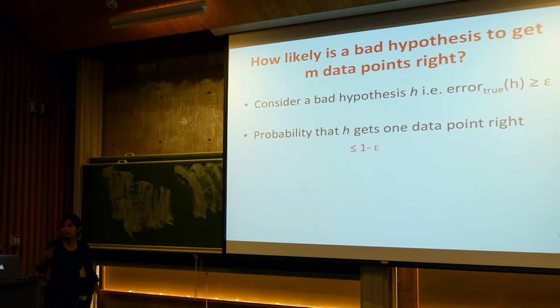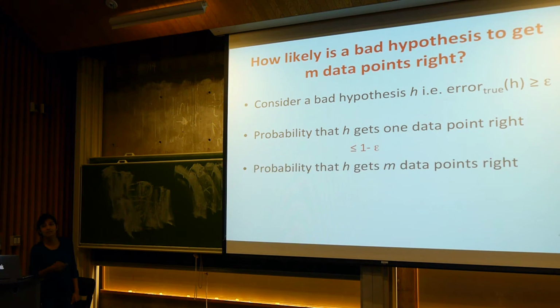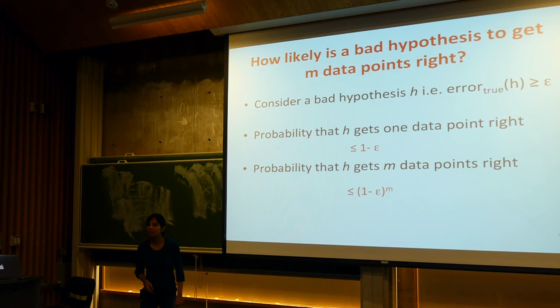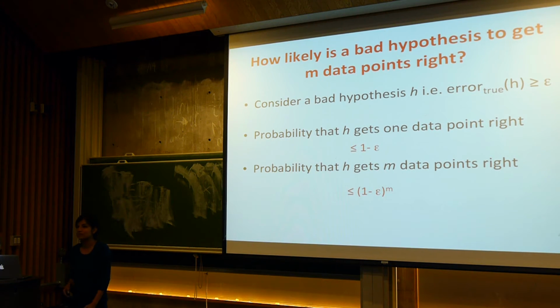So you just multiply the probability, right? If epsilon is, say, 0.1, then I get one of them right with probability at least 0.9, and I get two of them right with probability 0.9 times 0.9, and so on. So we just get 1 minus epsilon to the power m. Okay, so what we have characterized now is that if we have a bad hypothesis whose true error is bigger than epsilon, then it can get zero training error with this probability, right?